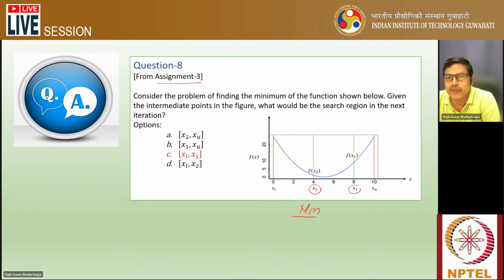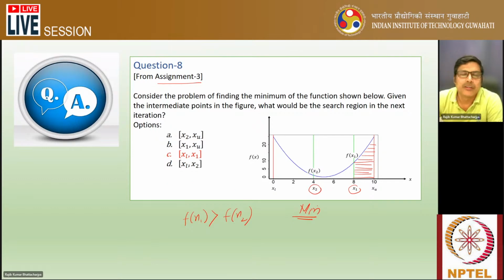This is a minimization type function, and here f of x1 is greater than f of x2. That means the optimum is not there in this particular region. You can eliminate or delete this region after this iteration.